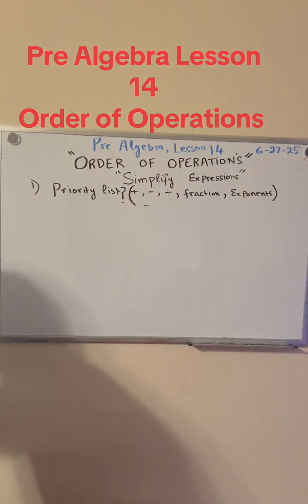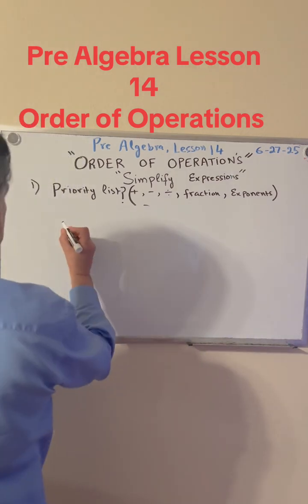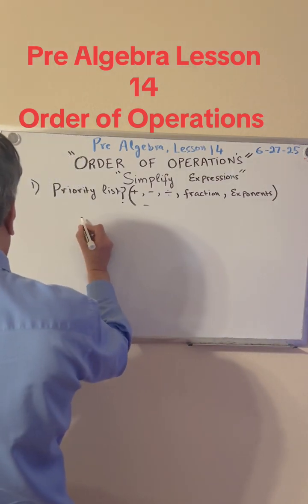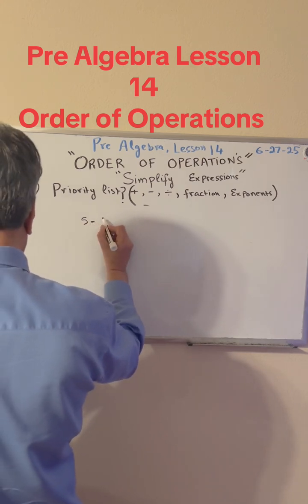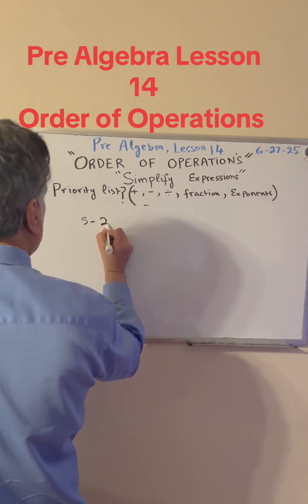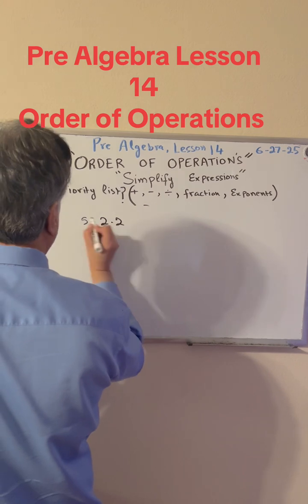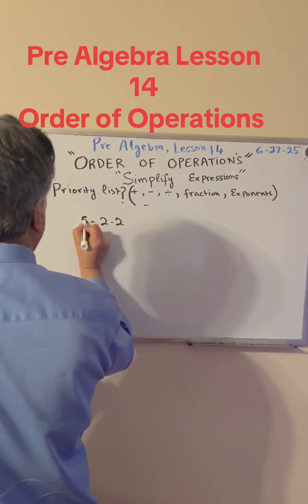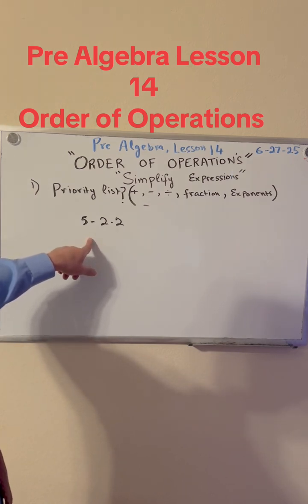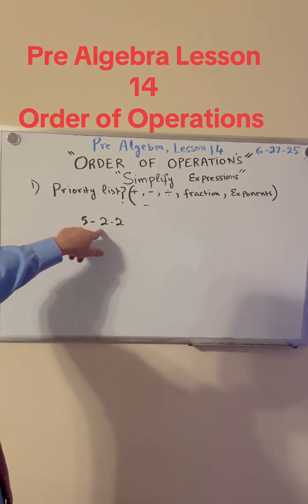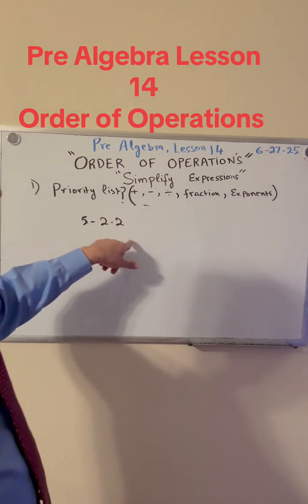Let's see another example. What we have is 5 minus 2 multiplied by 2. This is a very common mistake students make. When they see something like this, they say, oh, 5 minus 2 is 3, and then multiply that by 2, 6.